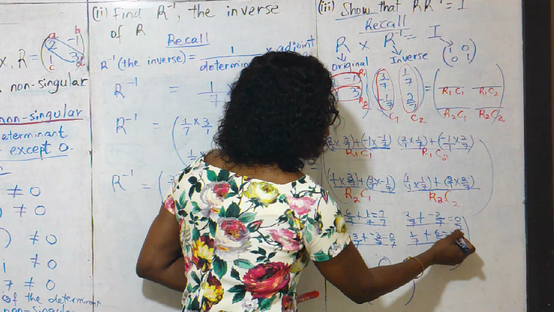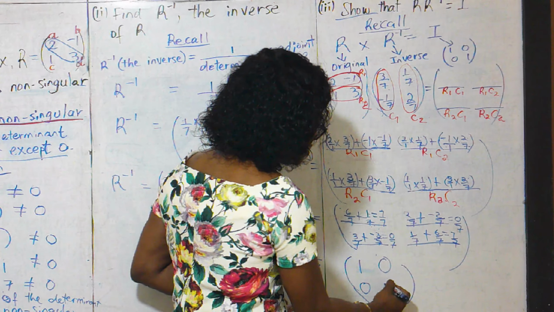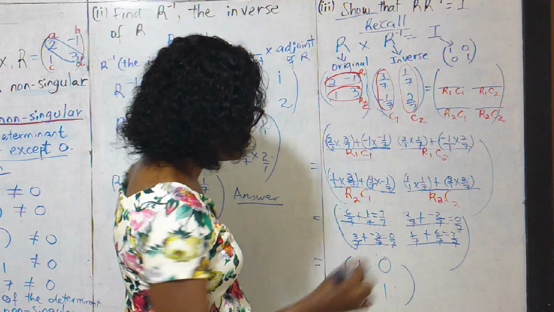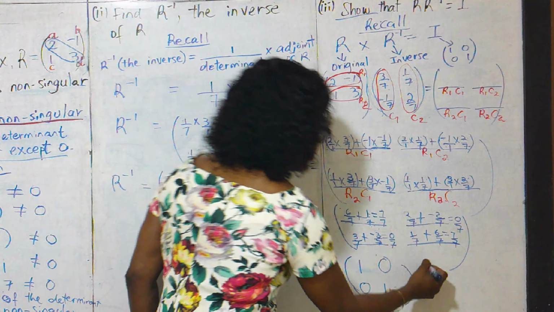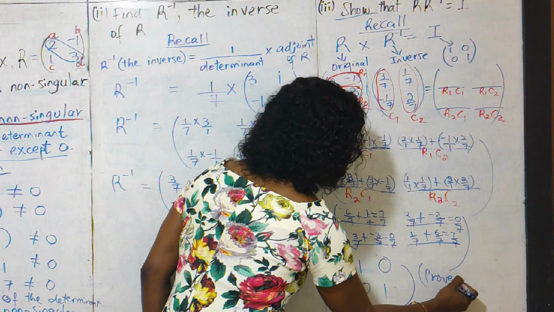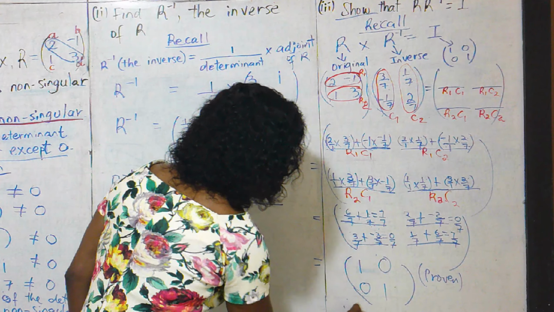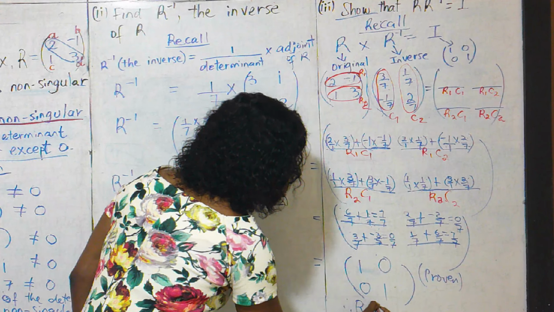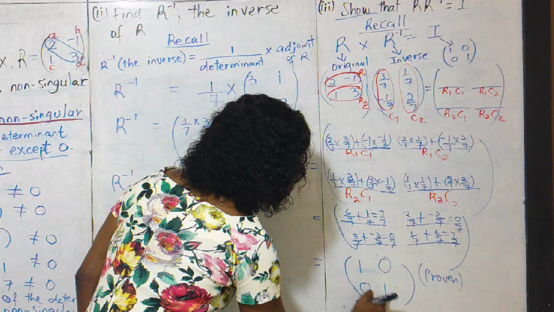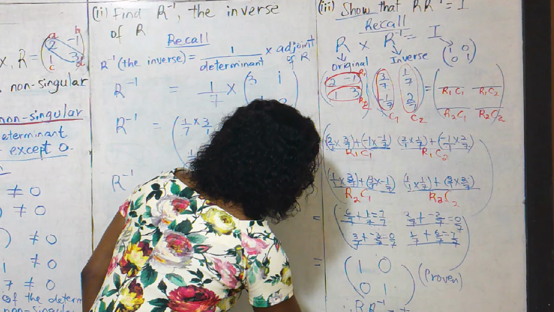And 7 divided by 7 is the same as 1. So that's proven. So you'd say, therefore, r times r to the minus 1 is equal to the identity.